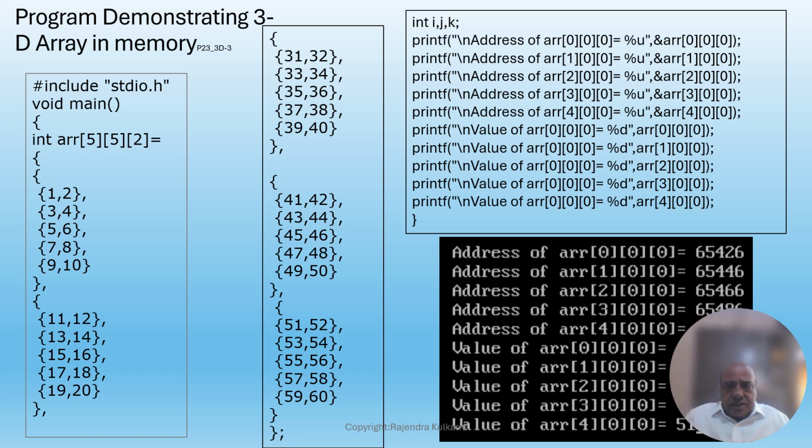We have declared a 3D array ARR with subscripts 5, 5 and 2, and we have assigned the initialization data to this array ARR.